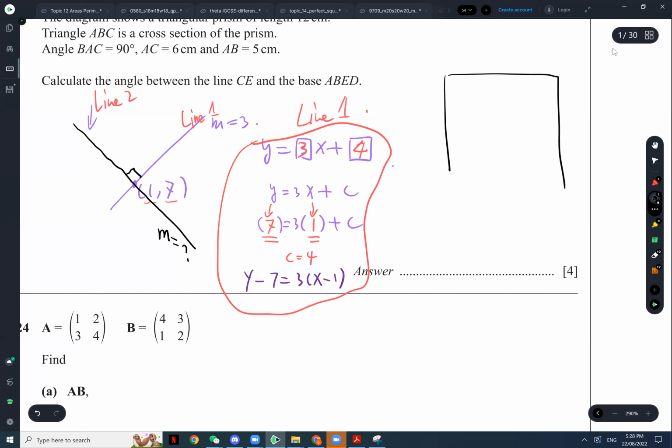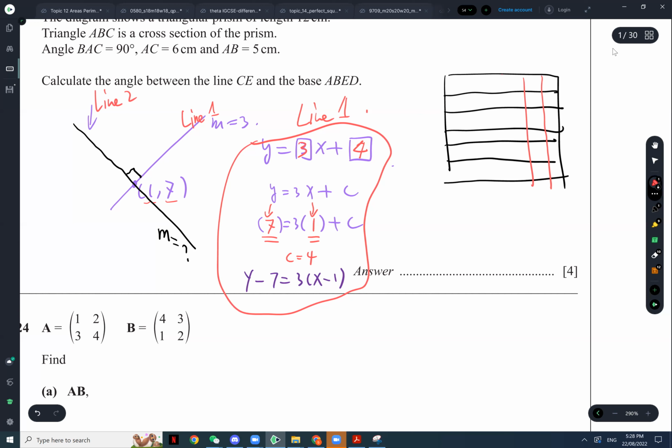You can really sketch it. If the gradient is 3, that means gradient 3 here, but for the perpendicular line, what's the gradient? Minus, minus what?